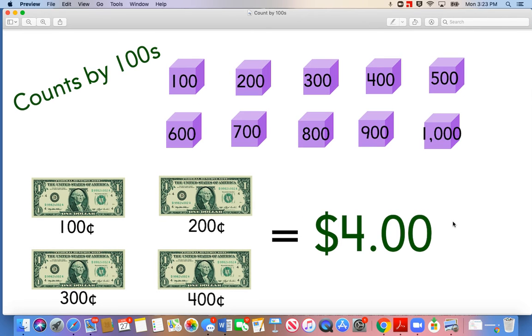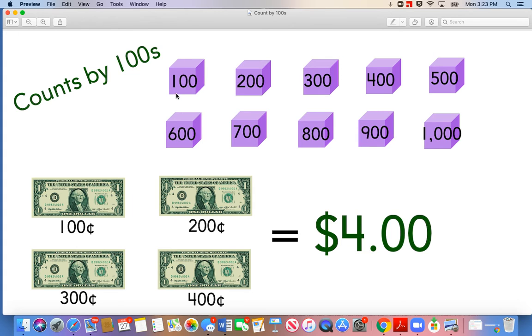Now, when I count by 100s, I'm going to use cubes because we usually use boxes, but there are 100 here. Actually, I think we used these to represent 1,000 before, but here we are representing 100 with these blocks, okay?